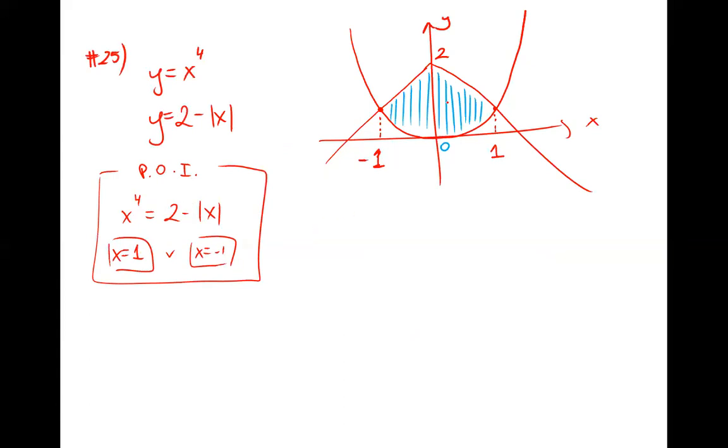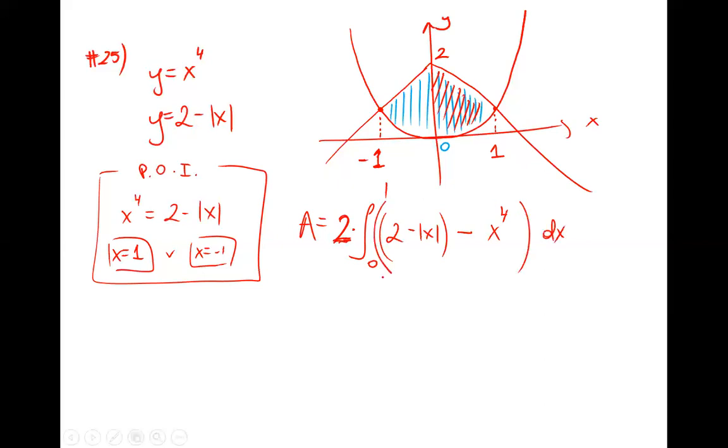Okay, let's just set up an integral. I will use the symmetry from 0 to 1. That means I will only integrate that part and multiply by 2 to cover the second part. The top function is actually this one, the absolute value, minus x to the power of 4, dx.